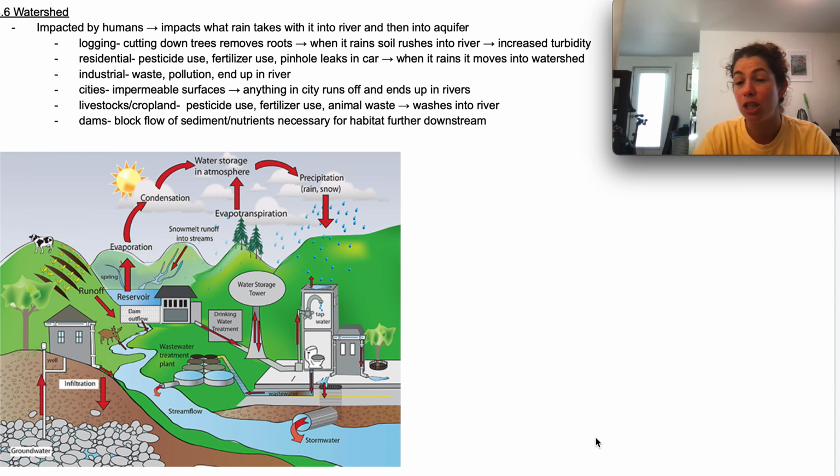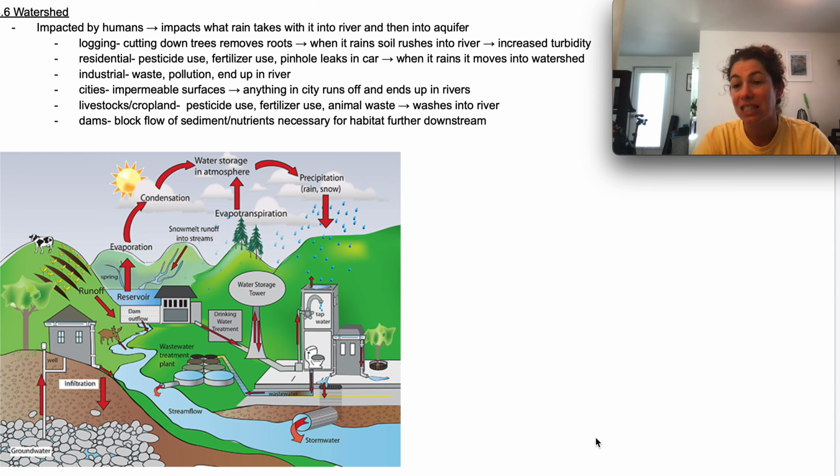Anything that you do in the urban area, pesticides, fertilizers, leaks in cars that are releasing gasoline into the streets, all of that is going to move into your watershed when it rains. Industrial waste and industrial pollution can end up in your river when it rains. I already talked about impermeable surfaces. Livestock and cropland, we've talked a lot about in Unit 5: cows, cattle, CAFOs, and free-range grazing.